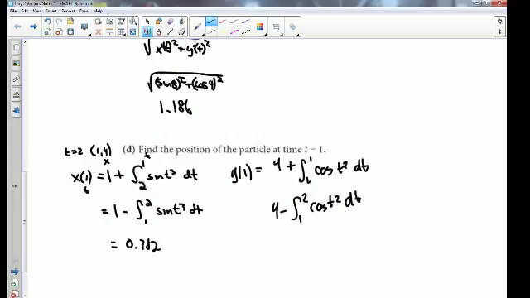And that's 4.443. So your position, now is that a vector or a point? If I ask for the position of the particle. Yeah, it's a point, okay? There you go.